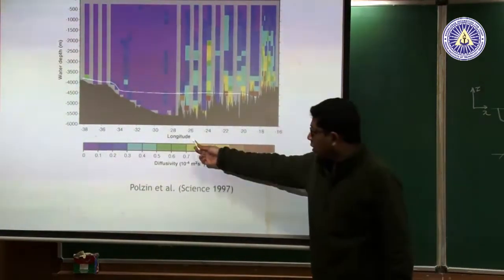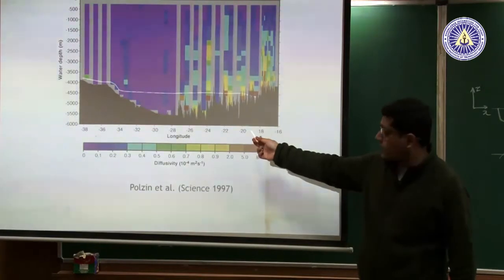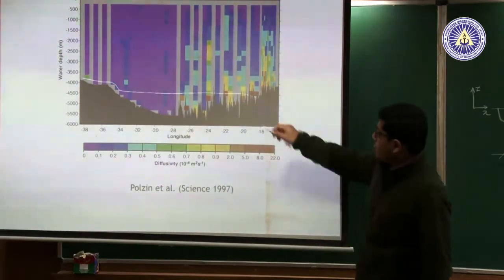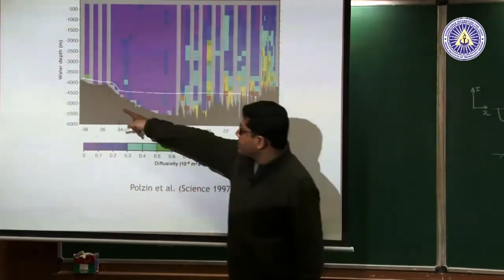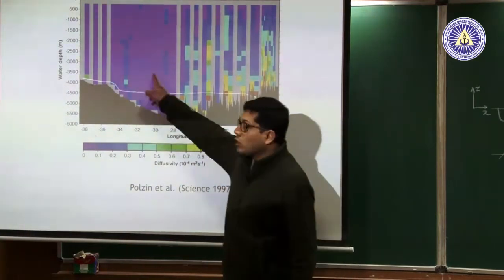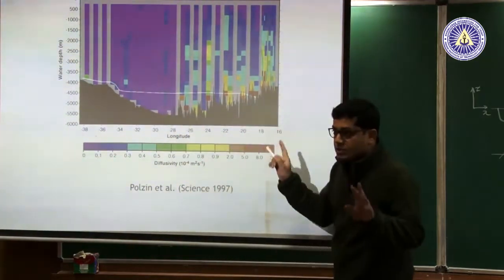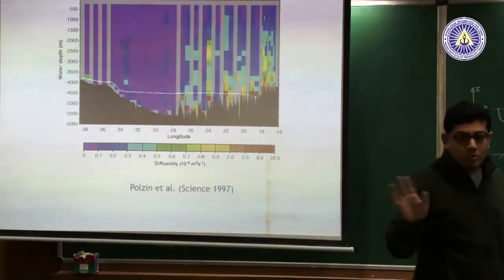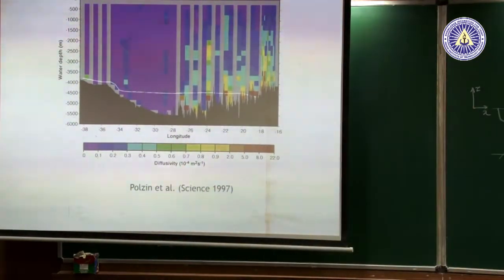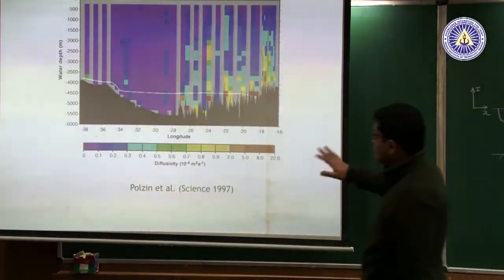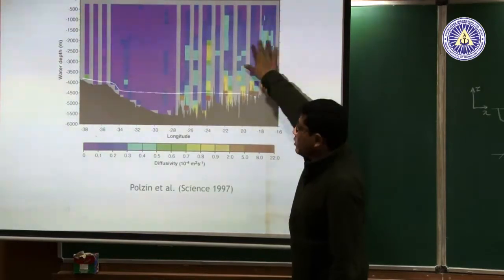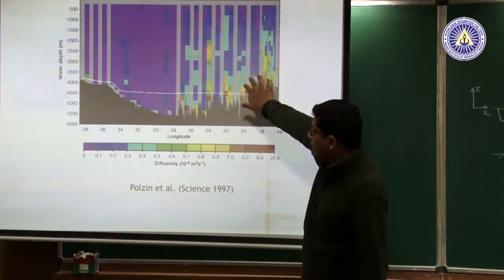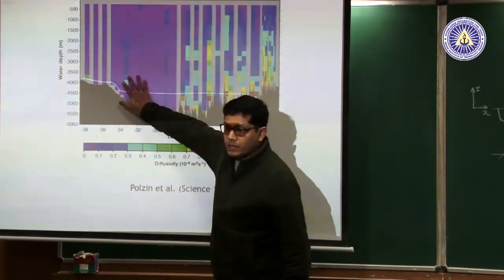Please note that the horizontal axis is longitude. You see that in this region there is almost no turbulence activity, as measured by this diffusivity. This is not your normal diffusion, this is the turbulent vertical eddy diffusivity, which shows that there is a lot going on here, and almost nothing going on here.